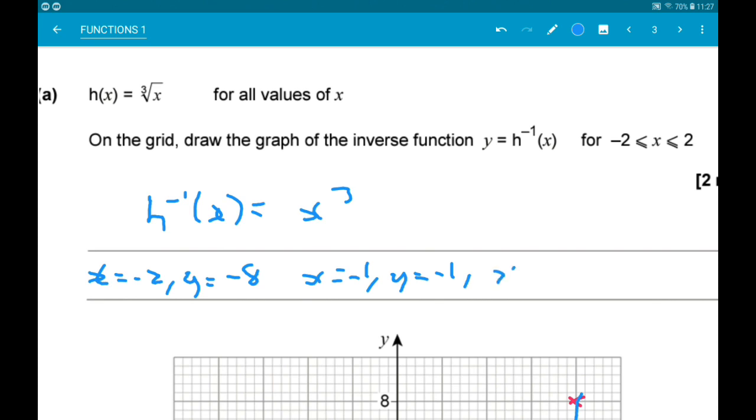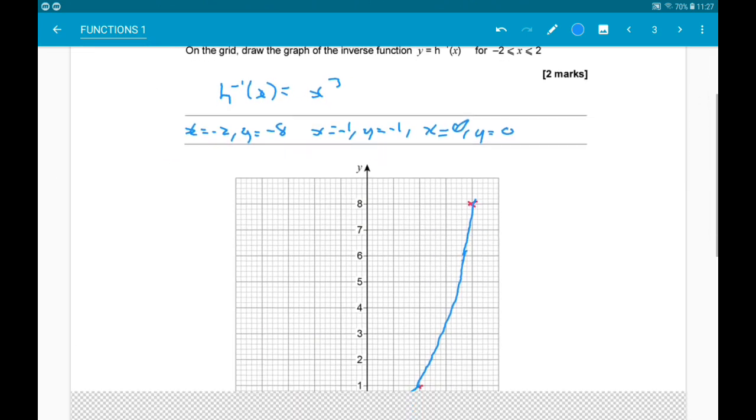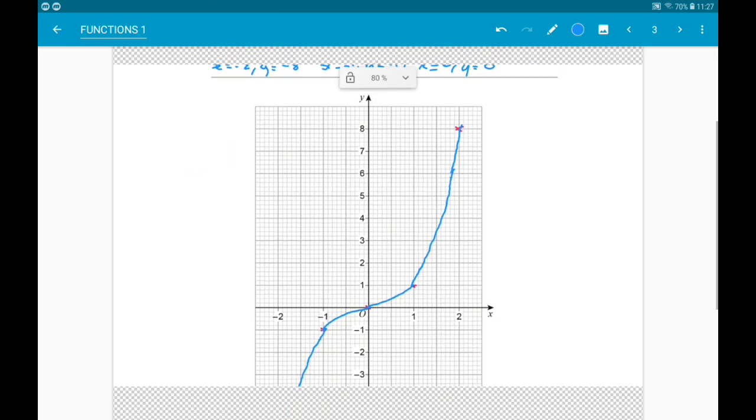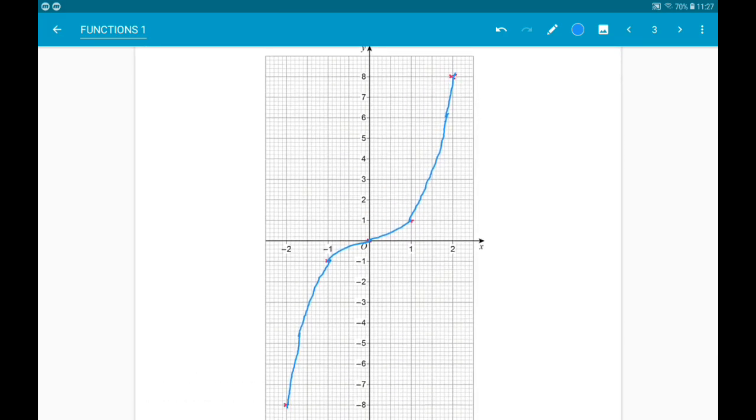When x is 0, y is 0. When x is 1, y is 1. When x is 2, y is 8. So, plot those points, join them with a freehand curve, and your graph should look like that.